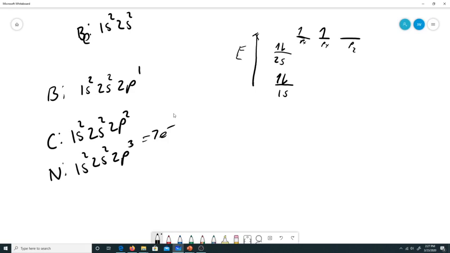So I got 2 electrons in the first energy level, 2 electrons in the second energy level. Now I need 3 electrons in this 2p sublevel, so an electron goes in each. So now I have halfway filled orbitals. That's for nitrogen. Once these are halfway filled, as they are right now, I'll start filling in to pair these up, pointing down.